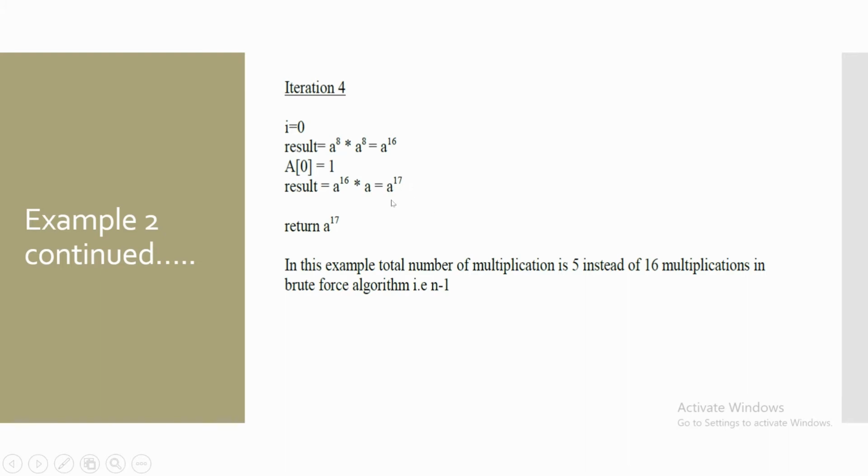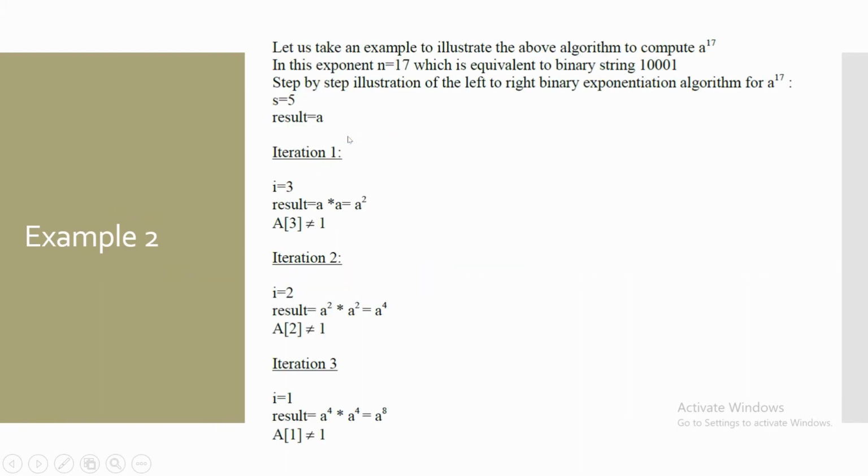Now you can clearly see how many multiplications I have applied: 1, 2, 3, 4 and 5. See, to find A raised to power 17, you have done only 5 multiplications. So how much benefit this is giving you, right? It is approximately reduced to less than half.